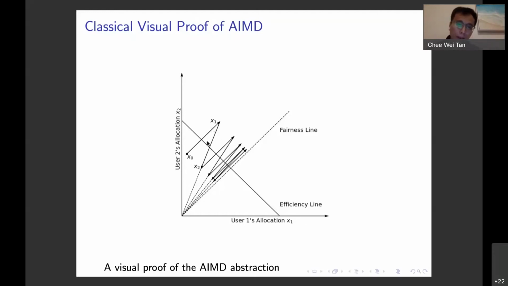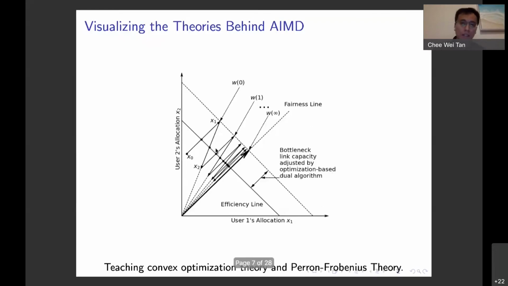And the way they draw back is that you draw a line from this point all the way to the origin, locate the middle point, and that's where they would continue to do AI and so on and so forth. So this is a very classical visual proof in that paper, very convincing, and I think we also see that in the classrooms.